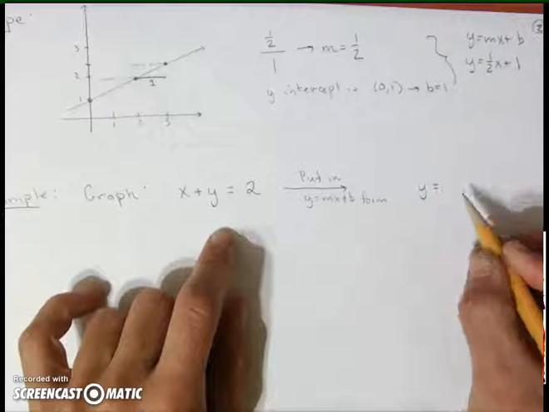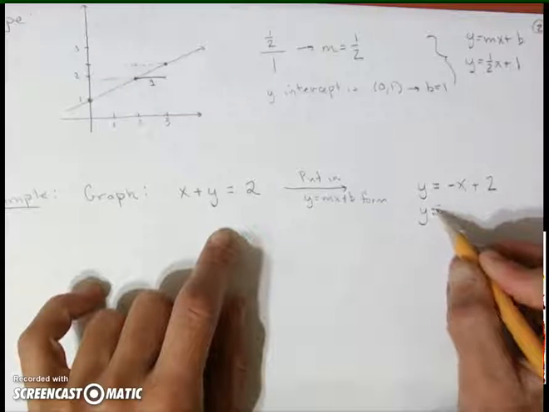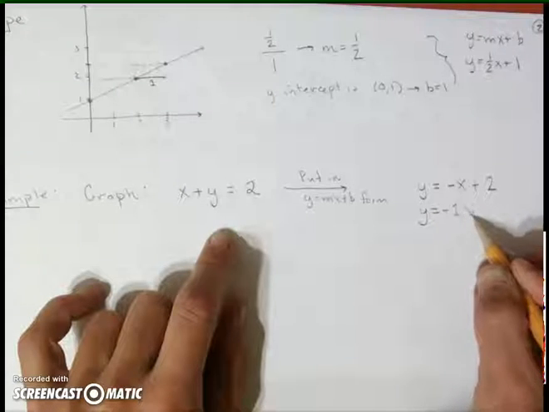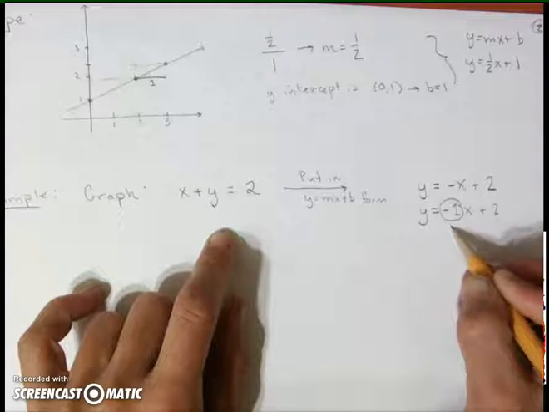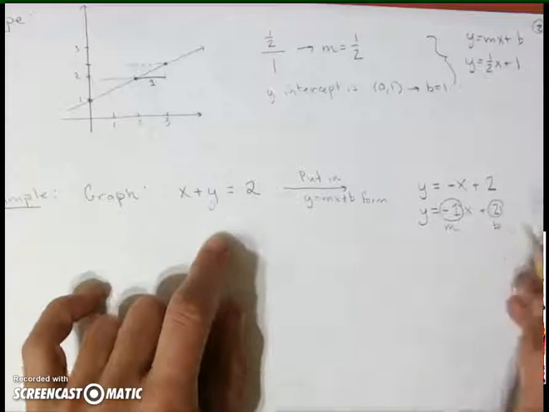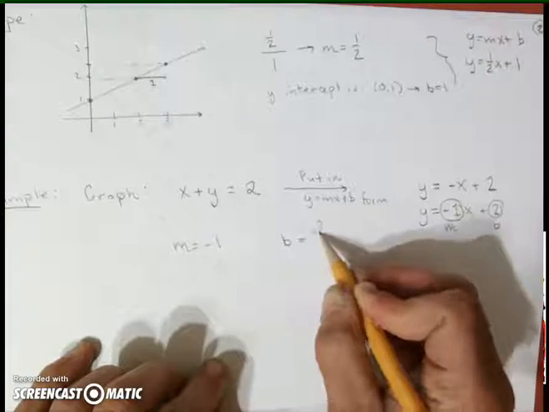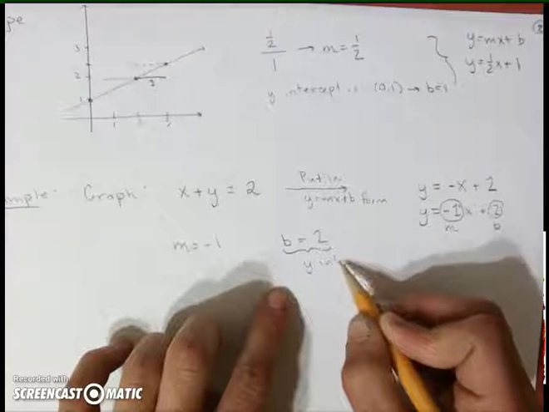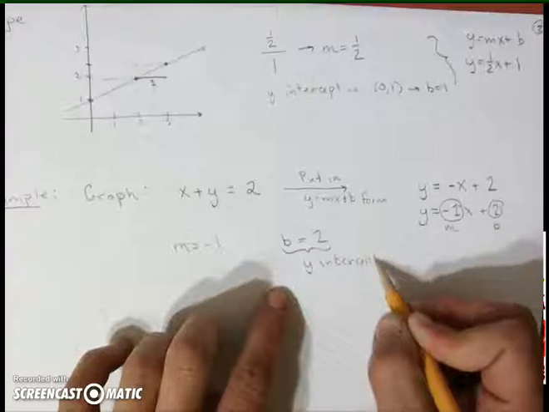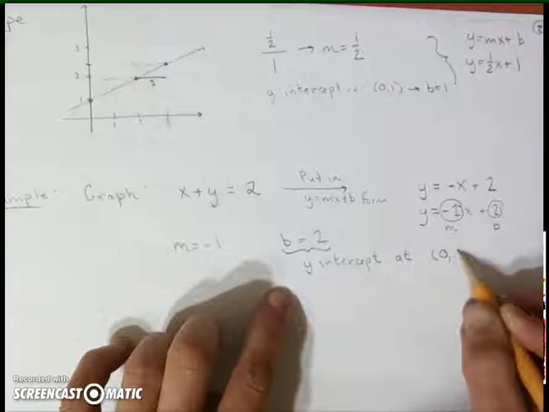So I get y equals negative x plus 2. To be more explicit, I could write this as negative 1x plus 2. So here's m, and here's b. So we have m equals negative 1, and b equals 2. This tells us the y-intercept. The y-intercept will be at 0, 2.